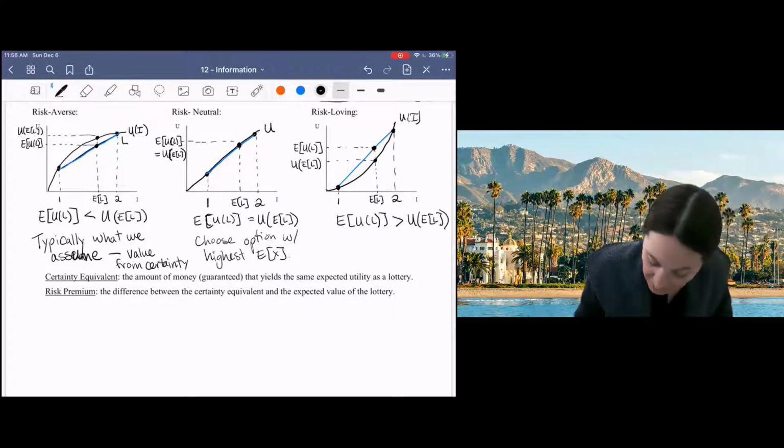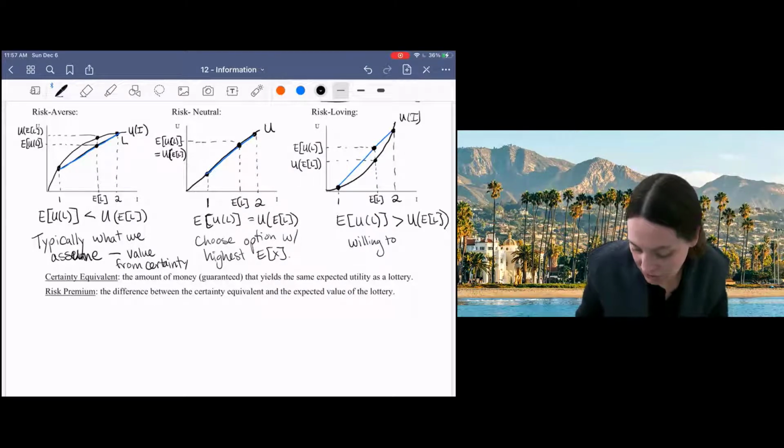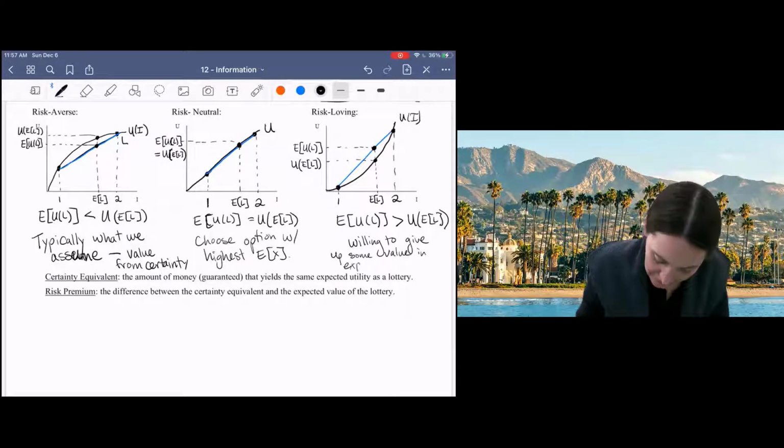That means that we're actually willing to give up some value in expectation for risk, right?